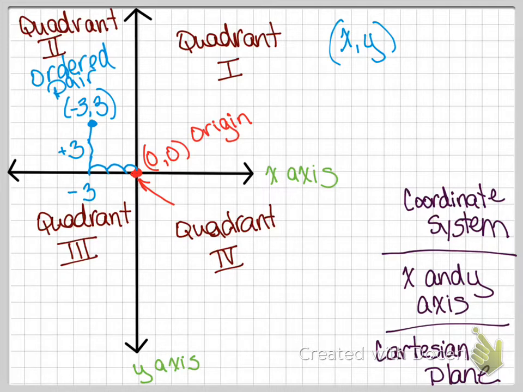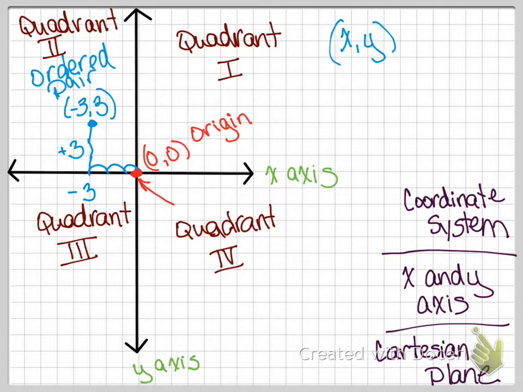So when I look at my ordered pair, I deal with my x value first. That means I go left to right first. Then I go up and down. Now, sometimes at this point, when we review ordered pairs, students will say, what happened to rise over run?